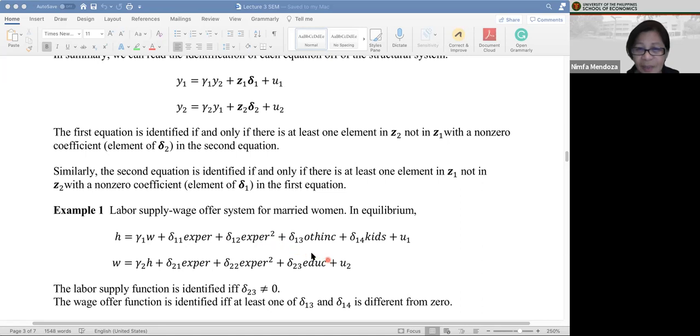Okay, and so that would be education. It is an exogenous variable. So this is in Z. So for education to act as an instrument for W here, delta sub 23 must not be equal to 0. Okay. So the labor supply function is identified if and only if delta sub 23 is not equal to 0.